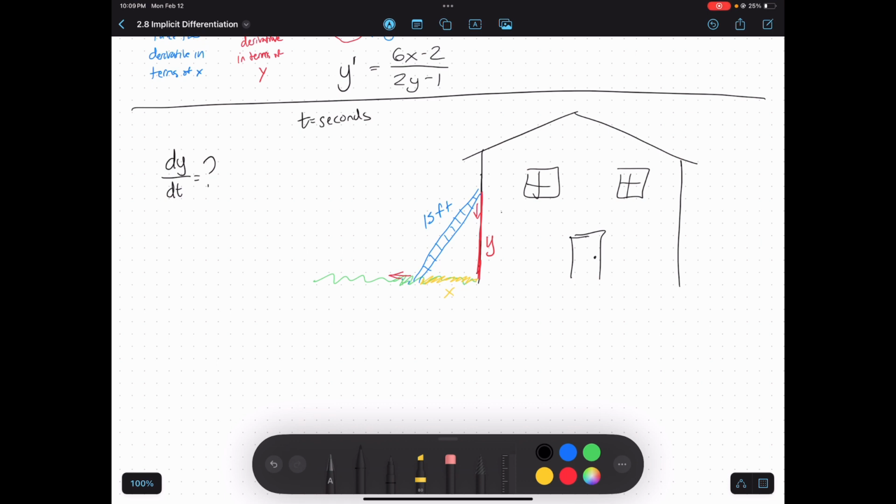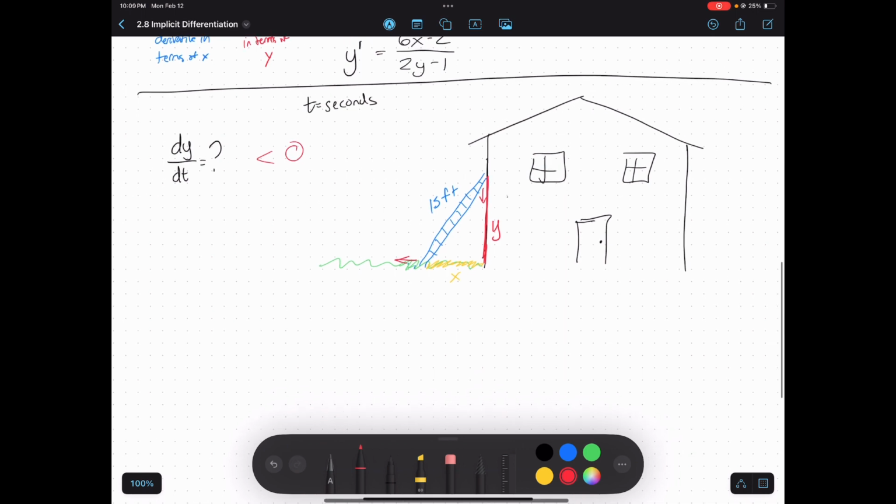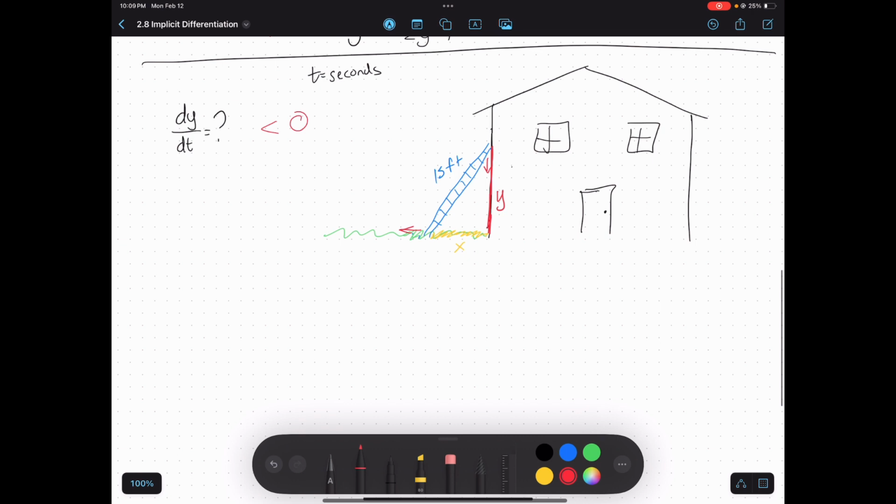In fact, is it going to be positive or negative? Okay. Theoretically, this should be negative. It should be less than 0 because that distance is going to be getting smaller. My ladder is getting closer to the ground. Okay. So let's see if we can figure this out.